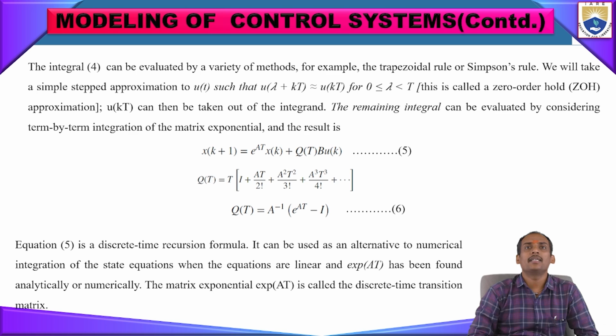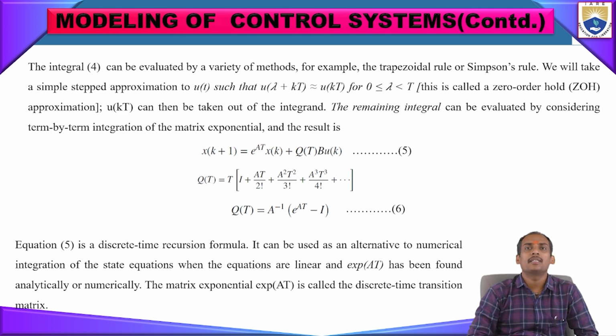So u of kT can be taken out of the integration, and the remaining integral can be evaluated by term by term integration of the matrix approximation. Then the equation will be converted into x of k plus 1 equal to e power AT into x of k, plus Q of T into v of k.